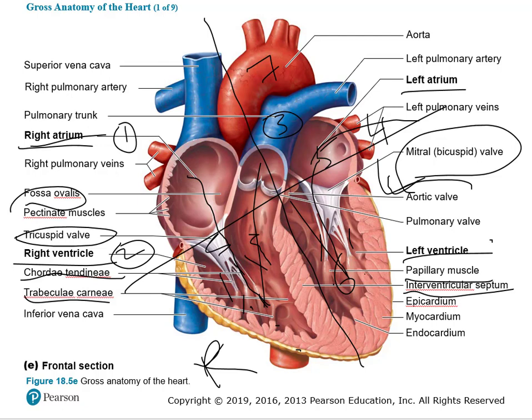So basically, the lungs are inactive, and there is no need for the blood to go to the lungs for oxygenation. So the blood goes from the right side to the left side through this little hole over here, called the foramen ovale in the fetal stage. Right before birth, that foramen ovale closes to form the fossa ovalis.